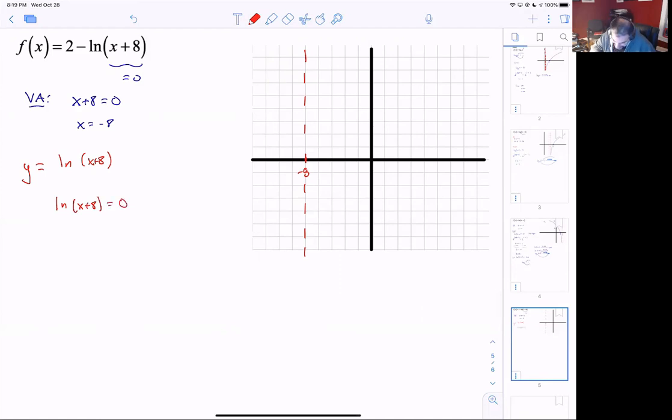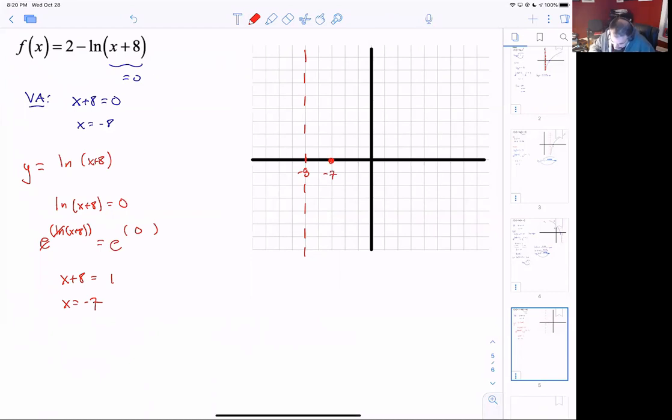Remember, this is e. That's going to get rid of the ln, so I'm going to raise e to both sides. The ln of x plus 8 goes in here, 0 in there. E and ln are going to cancel. We're going to be left with x plus 8 equals 1. Subtract 8 from both sides, and we get x equals negative 7. So we know there's negative 7. That's where that graph is going to go.